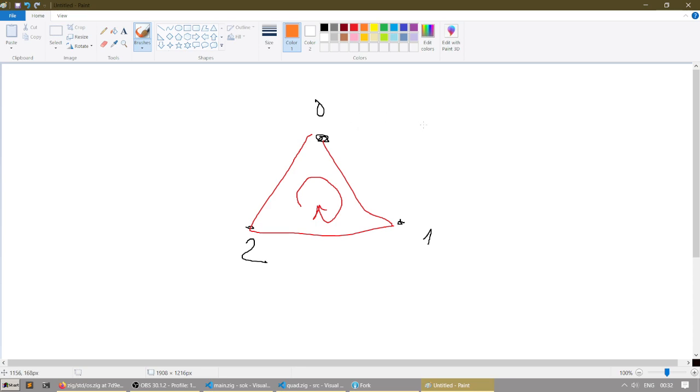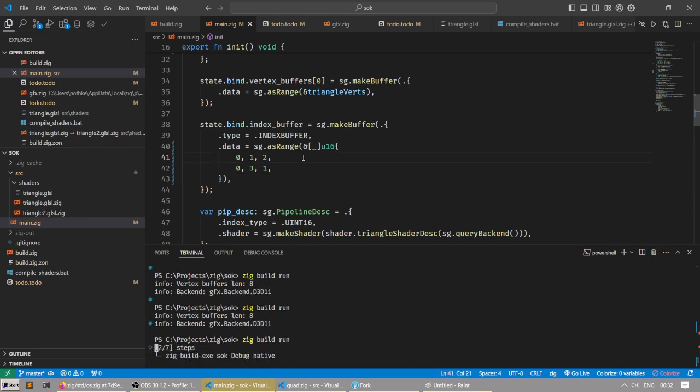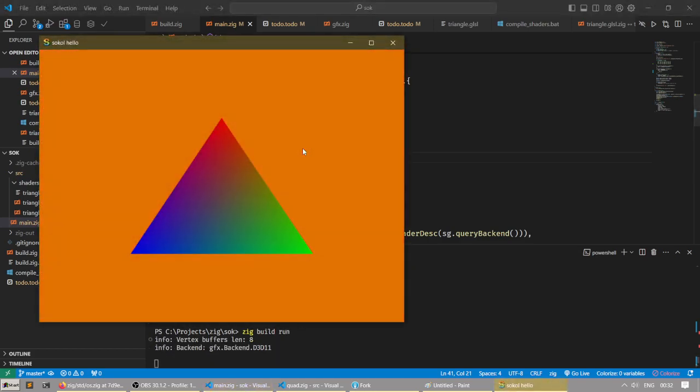We have another vertex, which is here somewhere, and that is number 3, and we want to make a triangle like this. So we want to do 0, 3, 1. That is what we actually want to do. So yeah, not this 0, 2, 3 or whatever I had there. So let's see. Does it work?